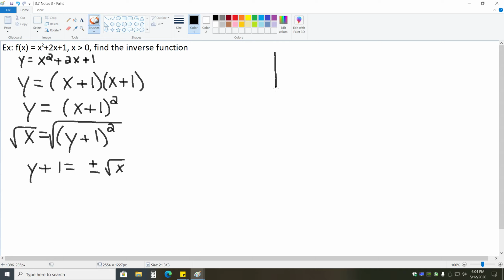Another way to look at this, if you look at this graph, x squared plus 2x plus 1, if you were to graph this, you would end up getting a graph that looks like this. And now, what does the graph look like if we set x as greater than 0?